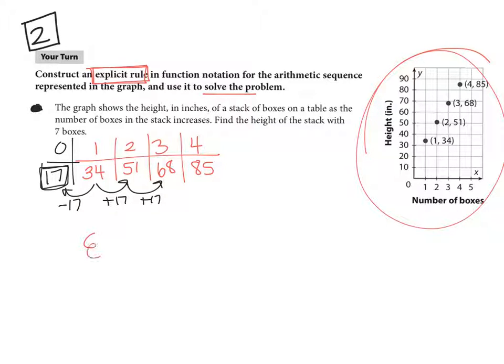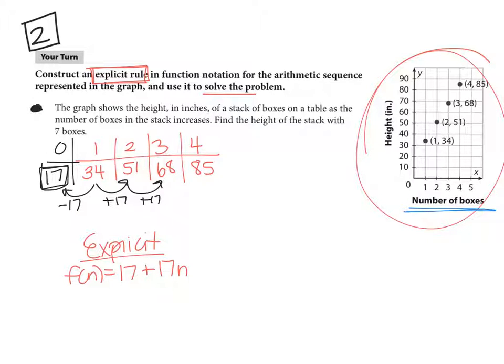So when I write my explicit rule, I want to say, where am I starting? So f of n equals my starting point plus my rate, which is, in this case, 17n. And then to solve the equation, I'm just going to find, it says 7 boxes.